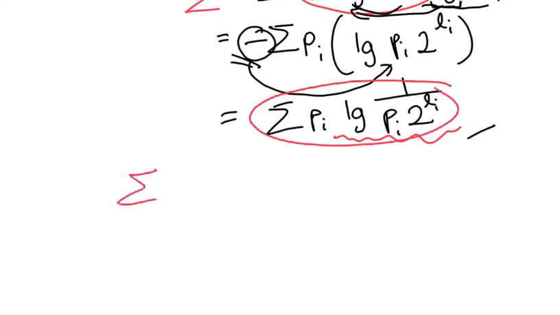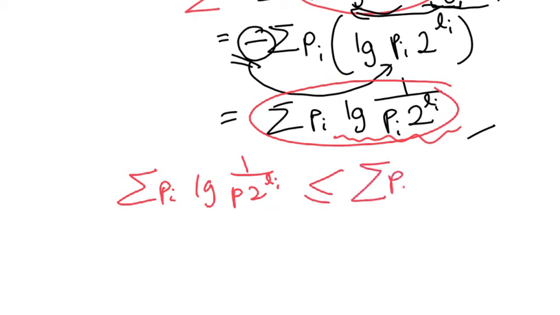It is less than or equal to the summation of p_i times 1 over p_i 2 to the L_i, minus 1. Can you see this?